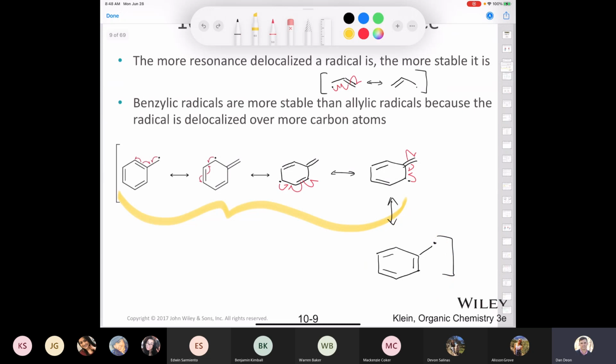But give me a thumbs up if you follow me on the concept of drawing curved arrows and fishhook arrows for a resonance contributor of an allylic radical. Just if you follow me on the concept, of course, I would expect that you would need to practice it. Everybody needs to practice this kind of thing. But the good news is that it's kind of like the same pattern repeated a lot. I'm not going to say, oh, it's easy, because I don't think anything is easy in organic chemistry.